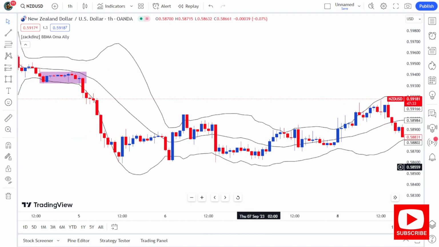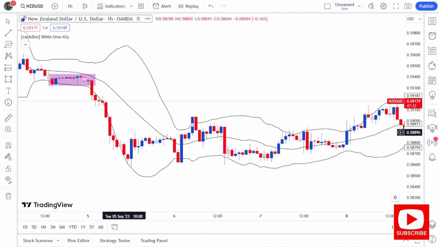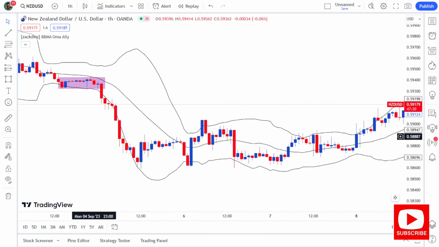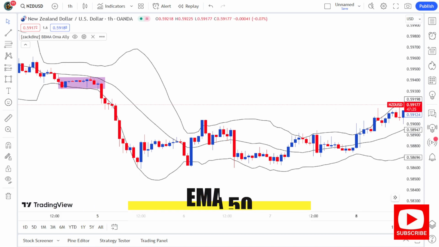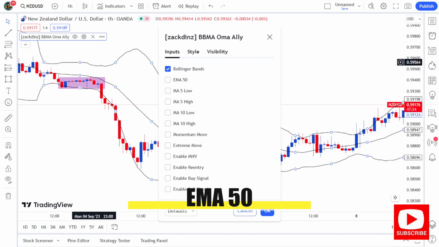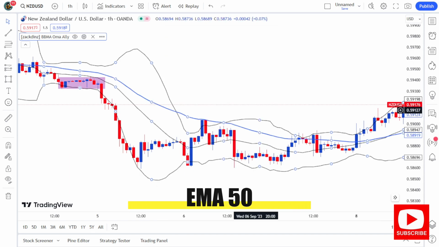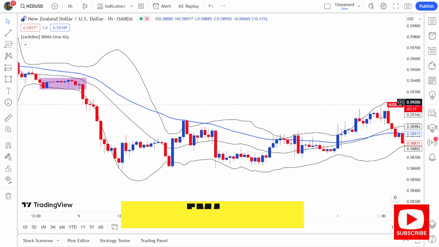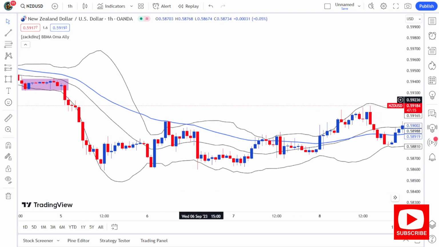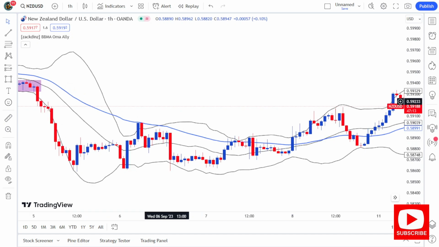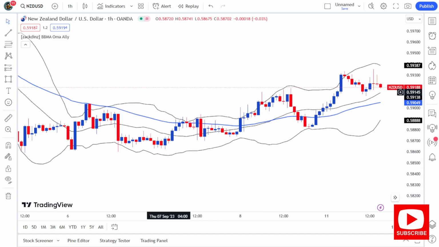Now that we know this segment, let's add the next indicators, which are the moving averages. So we start next with the moving average 50. The moving average 50 in the BBMA strategy is just for identifying trends.